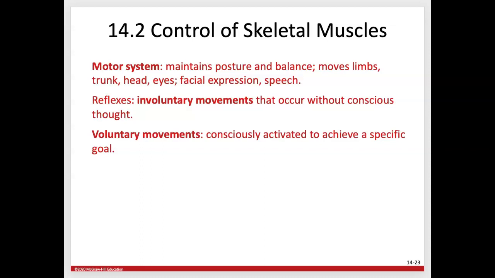Our voluntary movements are consciously activated to achieve a specific goal. So our motor system is controlled in a couple of different ways: reflexes, which are involuntary, and skeletal movements, which are voluntary.